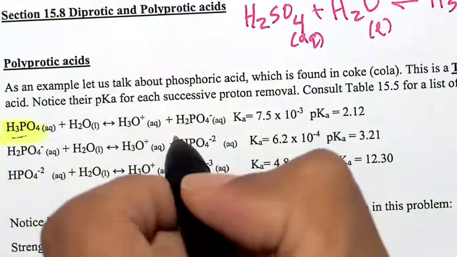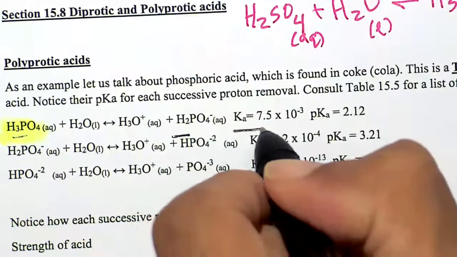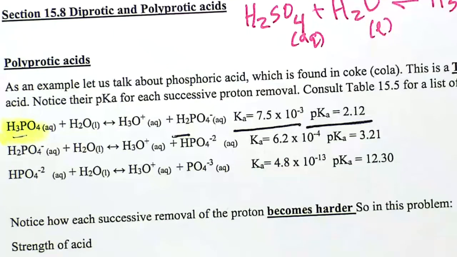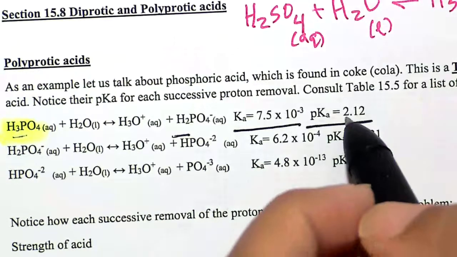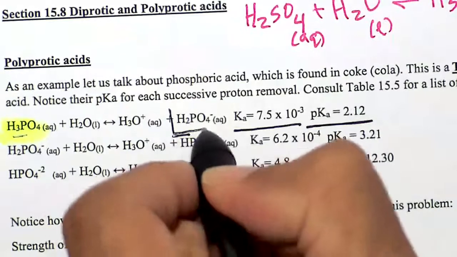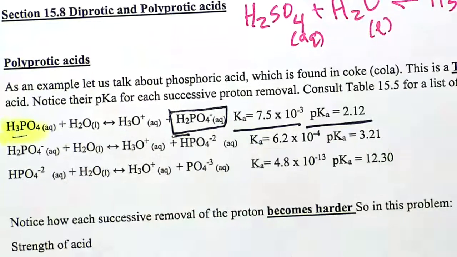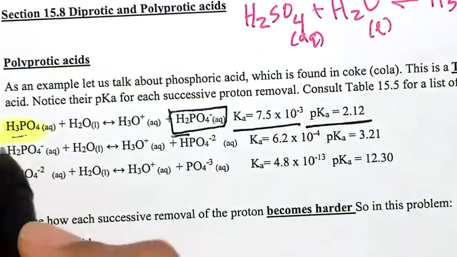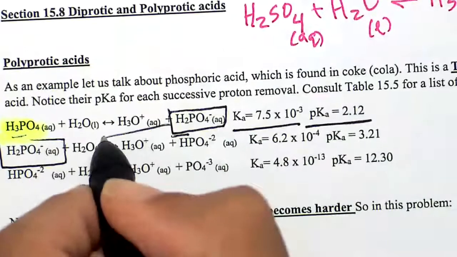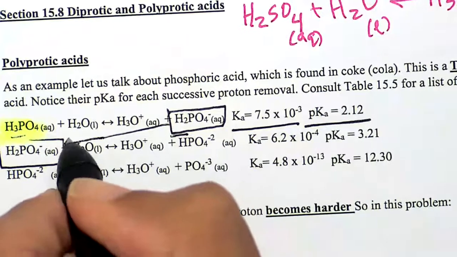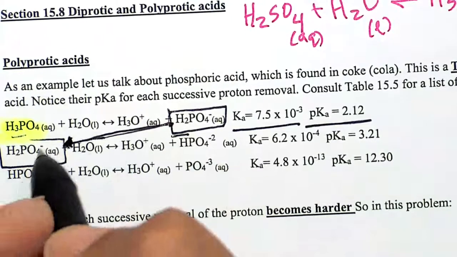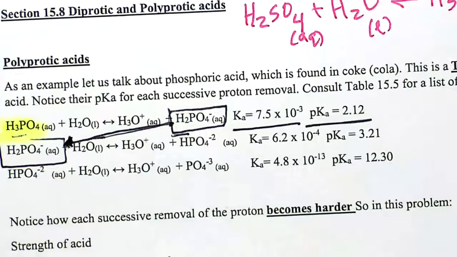The first proton comes off with a Ka of 7.5 times 10 to the minus 3. That's weak based on the 10 to the minus 3. It has a pKa of 2.12. What else can this do? This H2PO4 minus can give off a proton itself, and it becomes this.